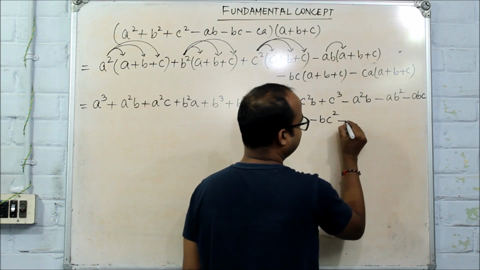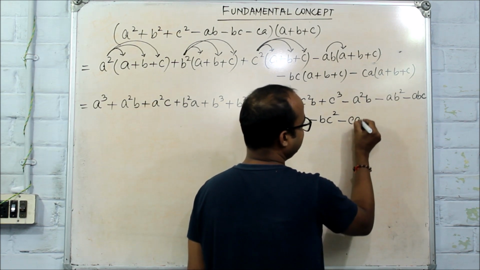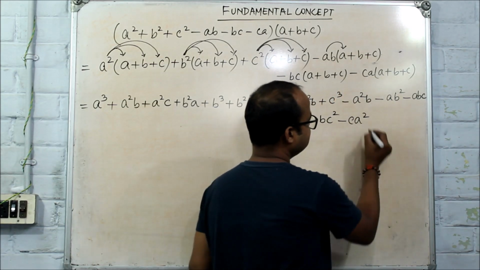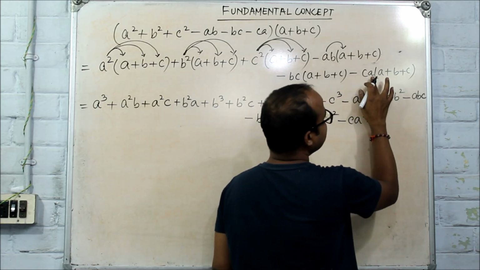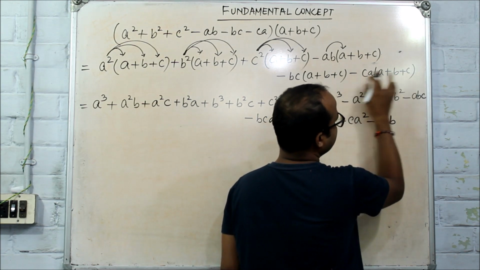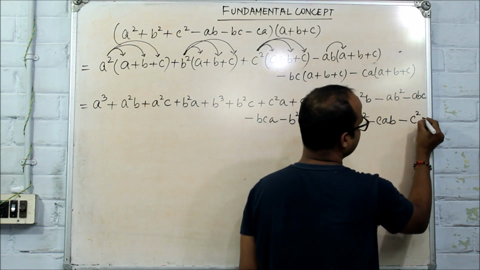Minus plus minus ca into a, that is ca square. Minus plus minus cab. Now minus plus minus ca into c, that is c square a.